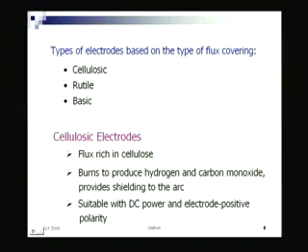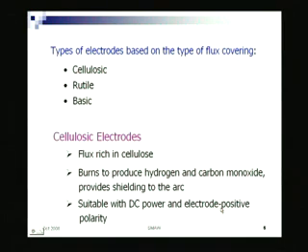When you are doing the welding, an electric power source is needed. It can be either DC or AC. It is suitable with DC and with a configuration of electrode positive polarity, because as we change the polarity, the performance changes. If I am using DC and keep the electrode negative, the performance will be different. We will see those aspects later.